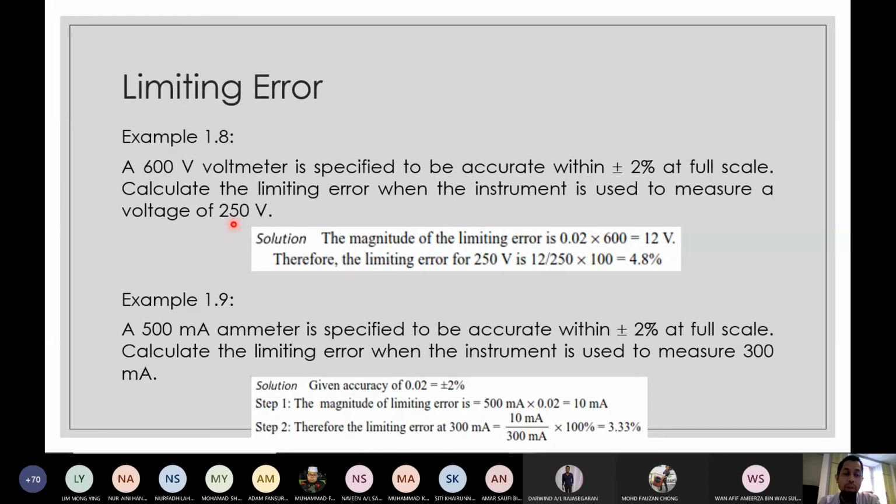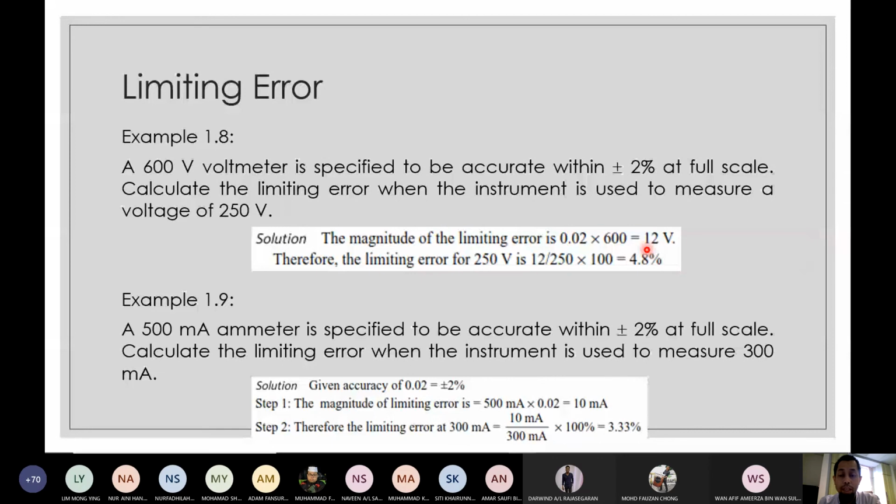But you are now measuring not 600, you are measuring 250. So you need to do this calculation first. The magnitude of limiting error is 2%, which is 0.02, multiplied by 600 equals 12 volt. Then you divide 12 volt by 250, the value that you are reading, multiply by 100 to get 4.8%.